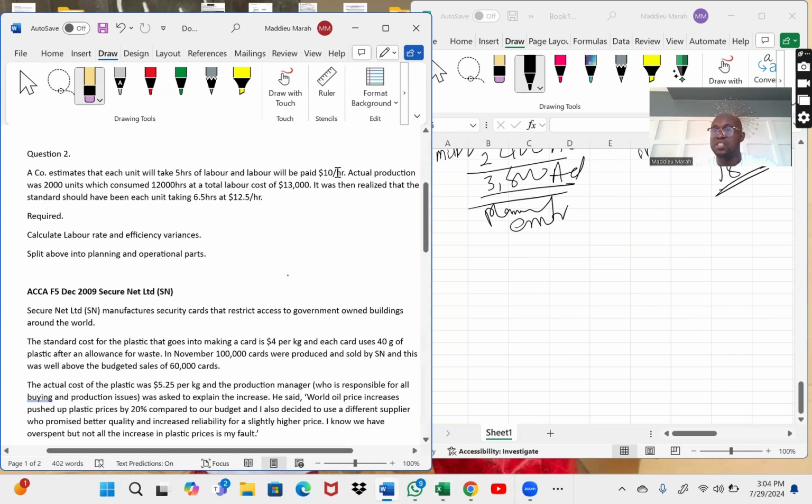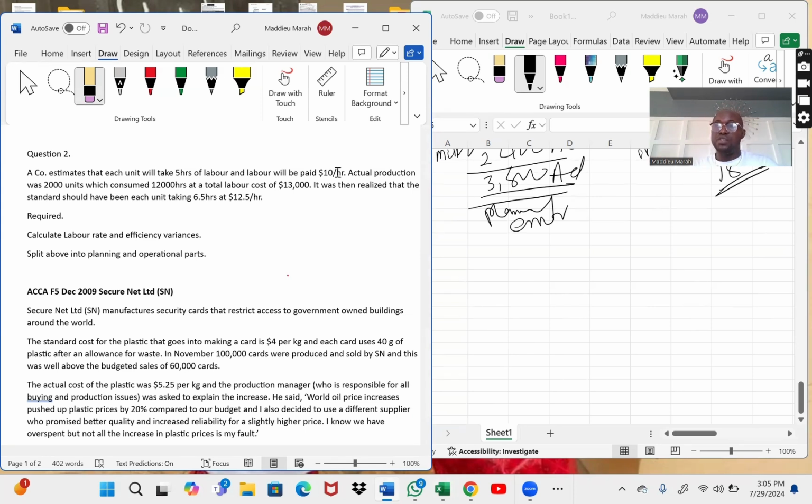This is our standard information. Actual production was 2,000 units. Very important. We spent 12,000 labor hours to produce 2,000 units, and those 12,000 labor hours were paid $13,000.